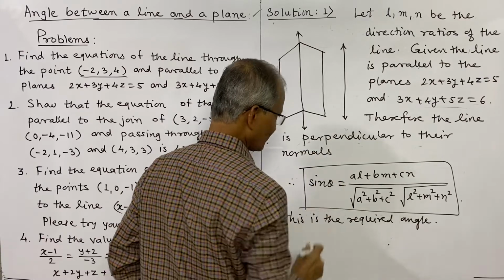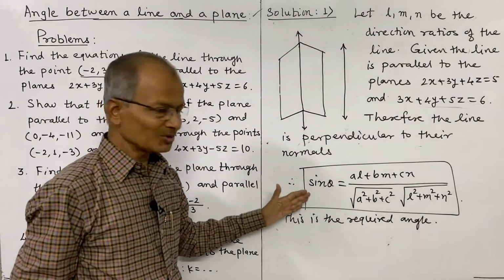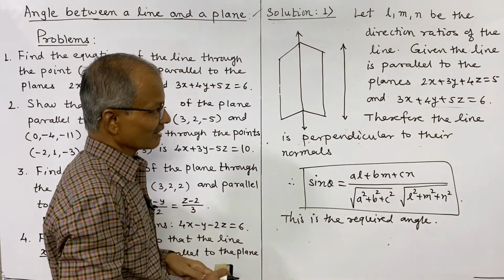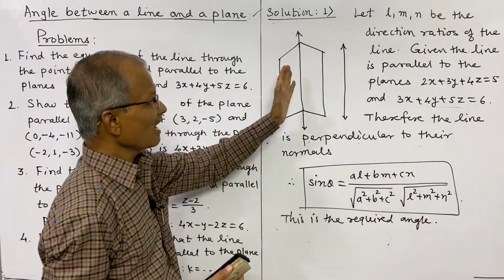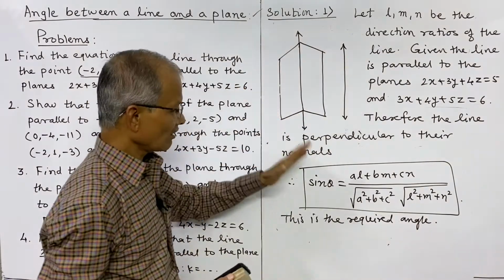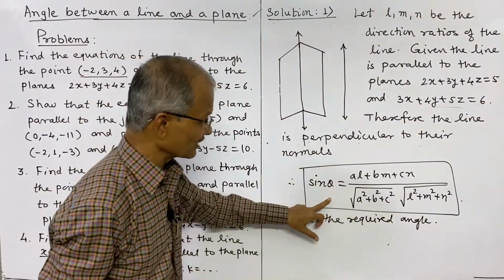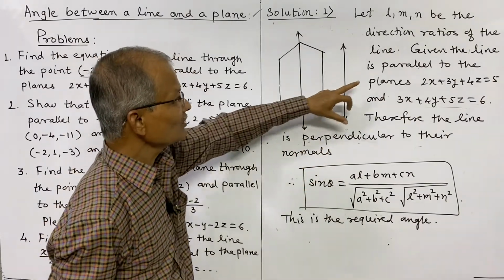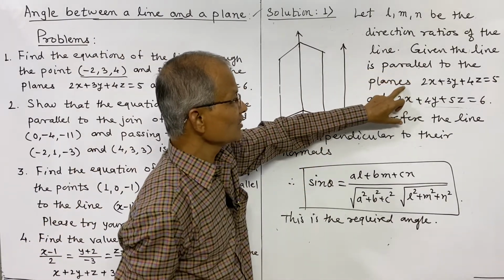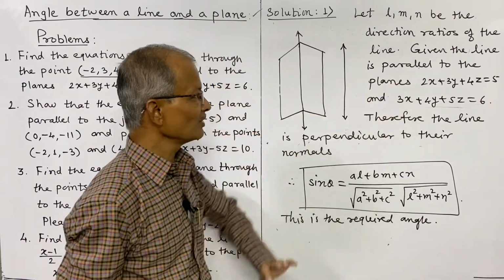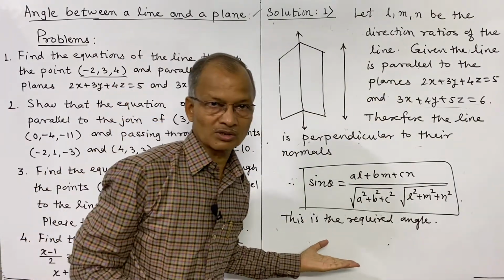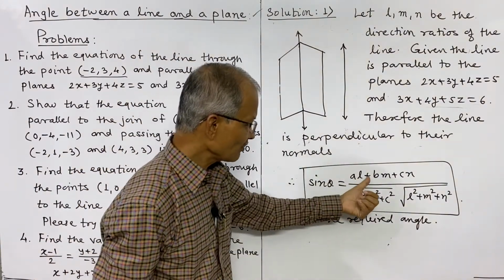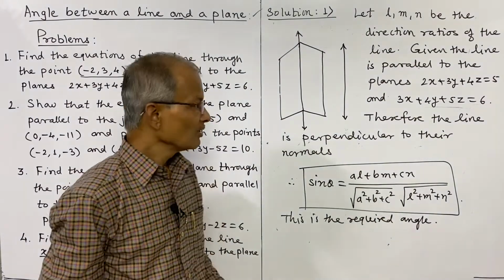Now actually we are not using this result directly, but we are using the earlier results. The line is perpendicular to their normals, or you see the line is parallel to these planes, and we have written as a note, if the line is parallel to the planes, then directly we have al plus bm plus cn is equal to 0.